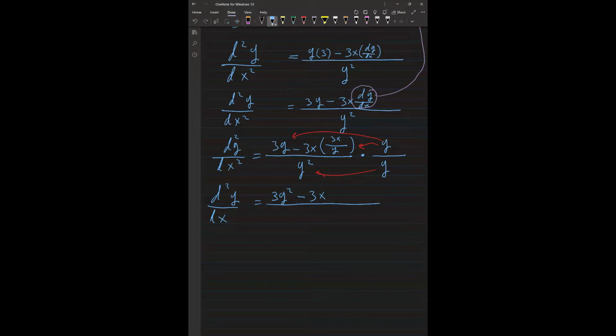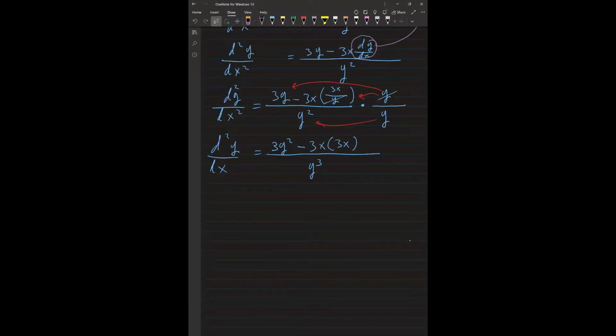That gives me 3y squared minus 3x times 3x, because this will cancel out. y times y squared gives me y cubed. And of course, 3x times 3x gives me 9x squared. Now check this out, this is kind of cool, at least for me.